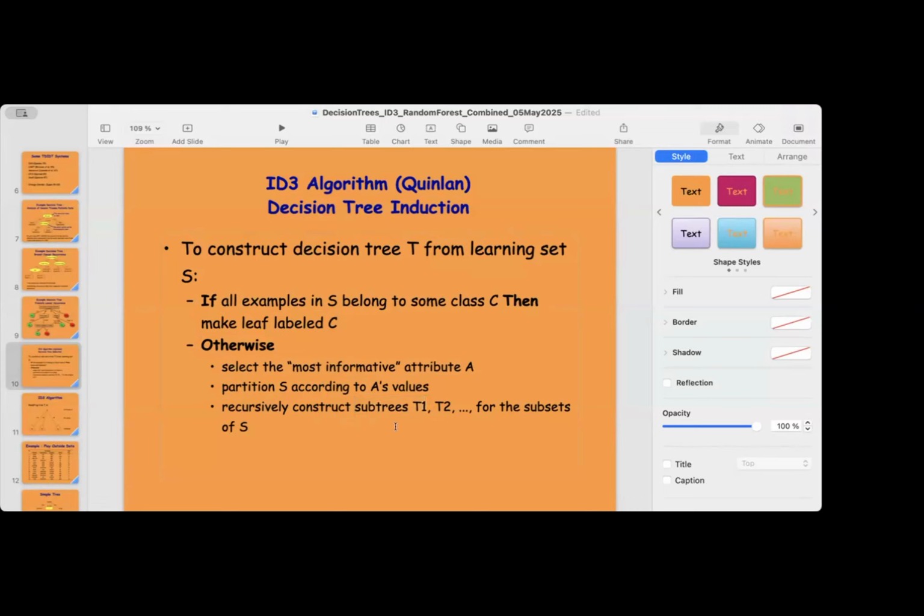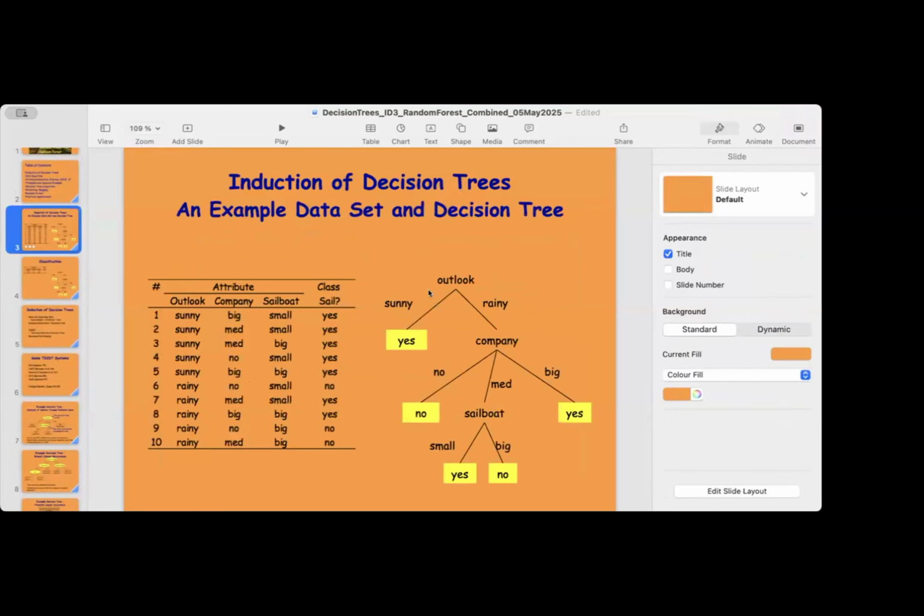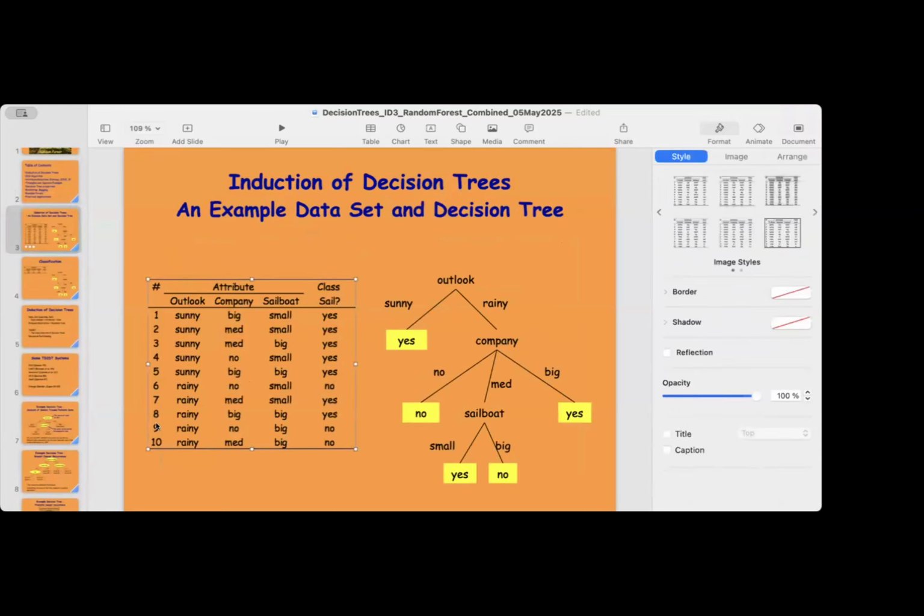If the subtree that we created has all of its examples belong to the same class, then we have a leaf and we stop. Going back here, on the right side, objects 6, 7, 8, 9, and 10 have the rainy property.